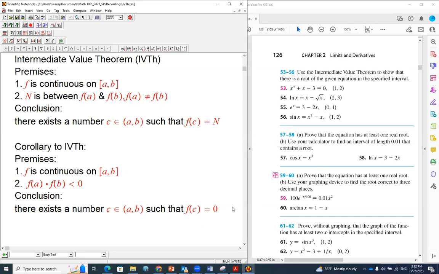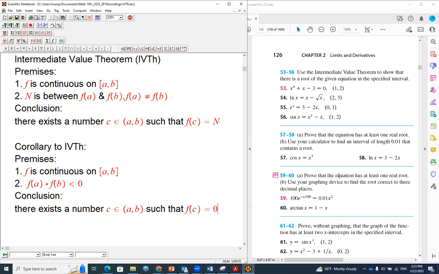The first category of such questions is that the interval is given. If the interval is given, great, we just apply the theorem, and that's it. I apply some of the theorems to guarantee continuity. But there's another category where the interval is not given.